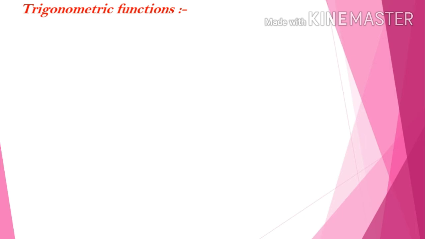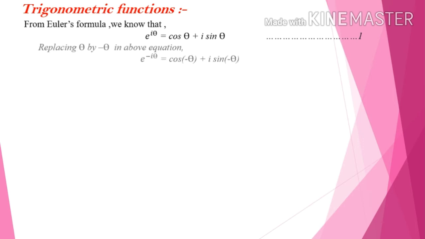Friends, we are aware of these trigonometric functions from the 9th standard, right? So here from Euler's formula we know that e raised to i theta equals cos theta plus i sin theta. We can call this equation 1.